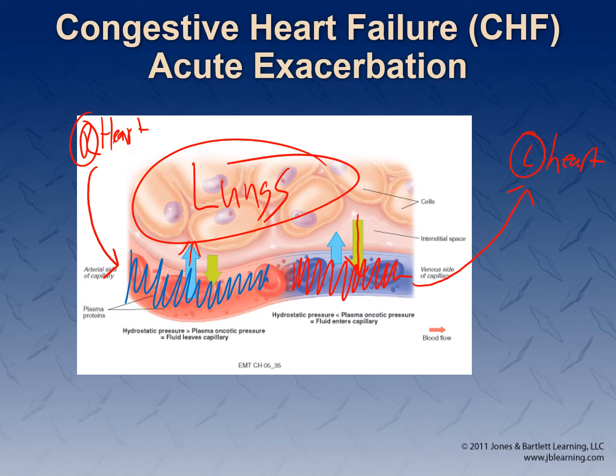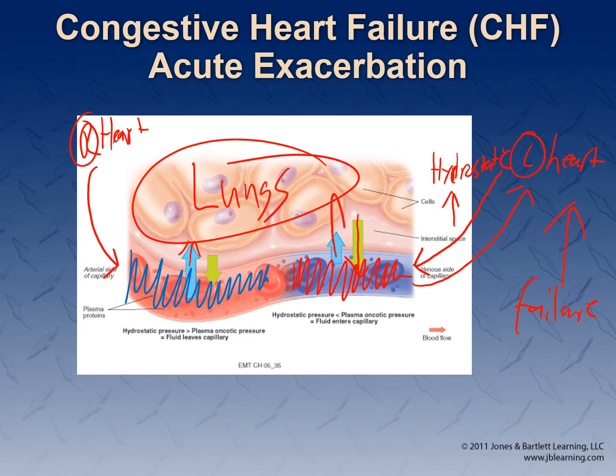But when your pump is failing, when you've got a failure here, and it is unable to eject the blood out to the rest of the body, and you get backup, what you get is a pushback where you now have hydrostatic pressure on the venous end of the circuit.